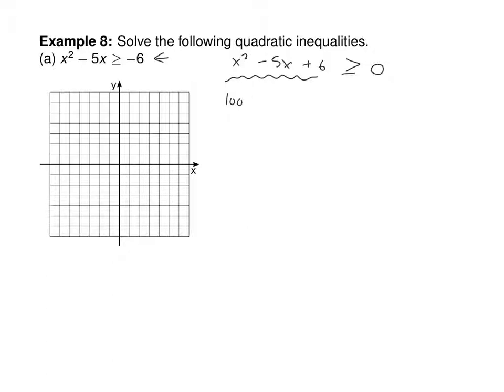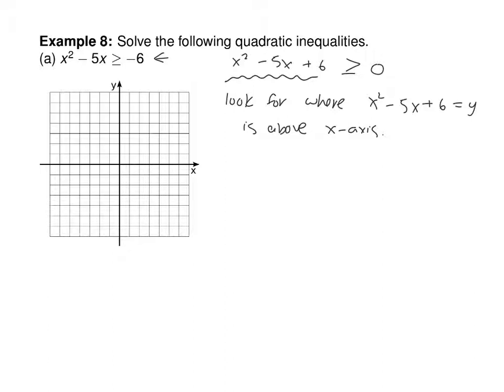What you're going to do is look for where x squared minus 5x plus 6 equal to y is above the x-axis. Being above the x-axis means your y's are positive, right? Below means they're negative. Does that make sense? So make a picture and see where it's above the x-axis.